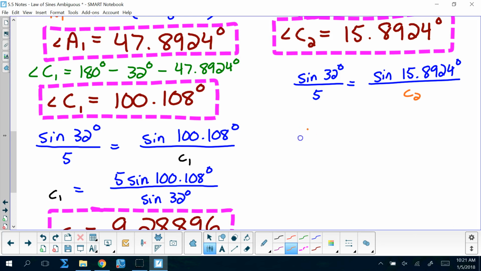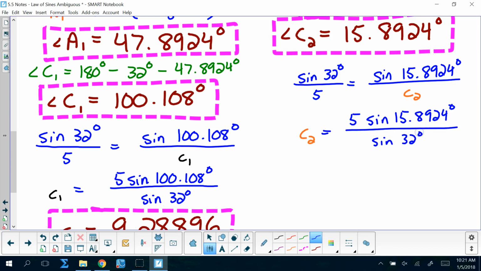So side C sub 2 here is going to equal 5 times the sine of 15.8924 divided by the sine of 32.